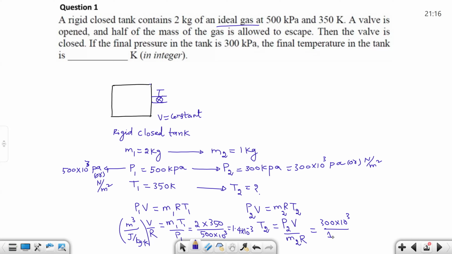V by R is already calculated, 1.4 into 10 power minus 3. So the answer is 420 Kelvin.